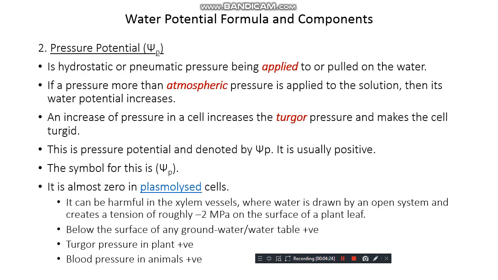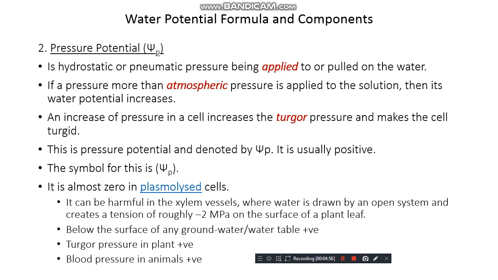Pressure potential, the second component of water potential, is the hydrostatic pressure being applied to or pulled on the water. When it's applied to water, it's positive. When it's pulled on water, it becomes negative. There are different scenarios where we can say it's negative or positive.